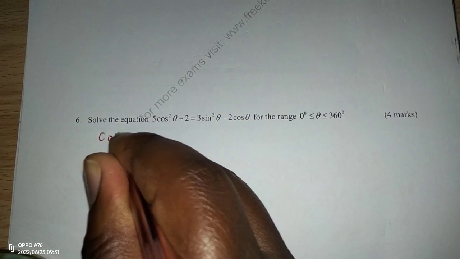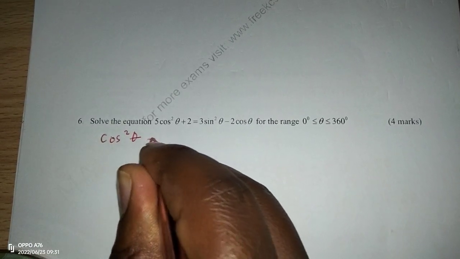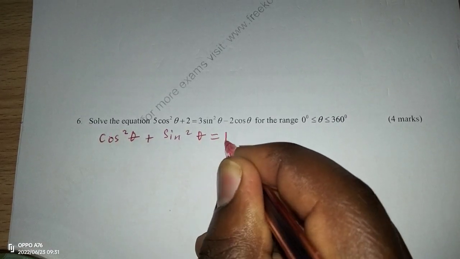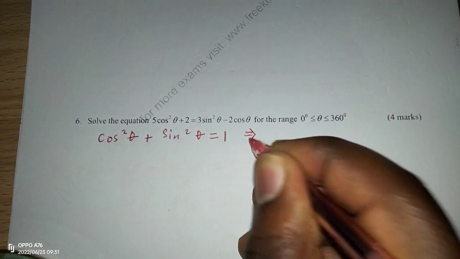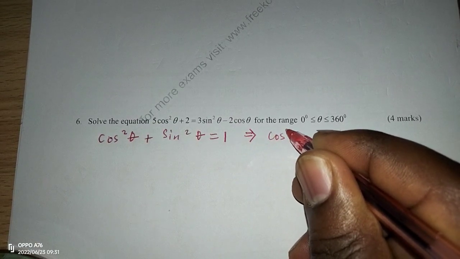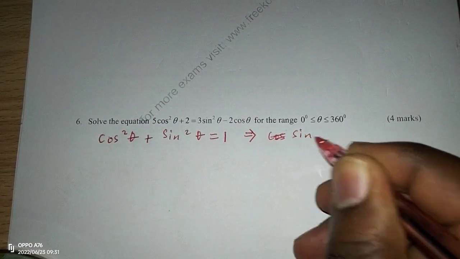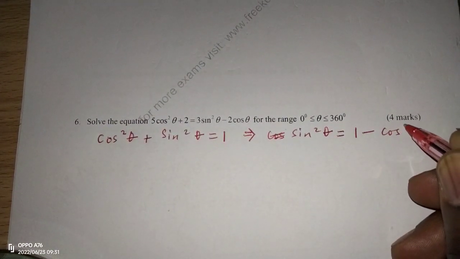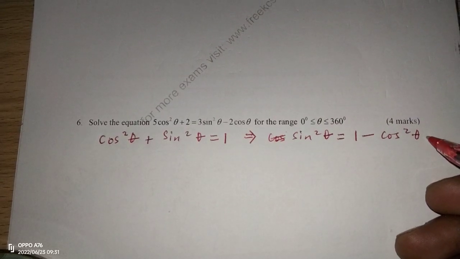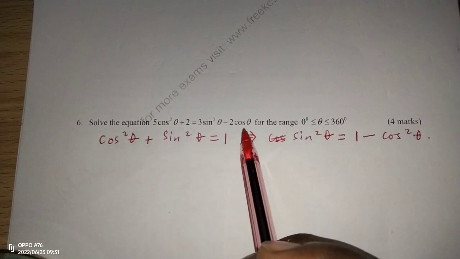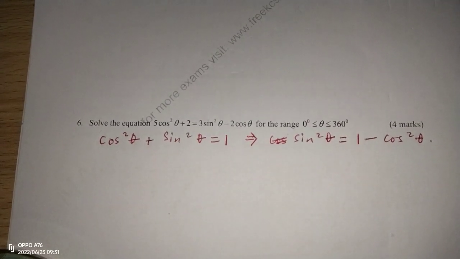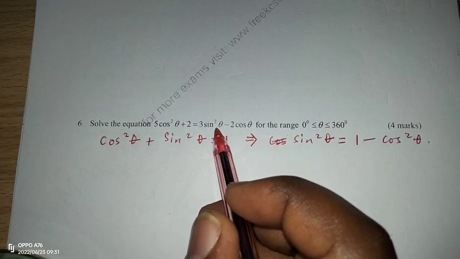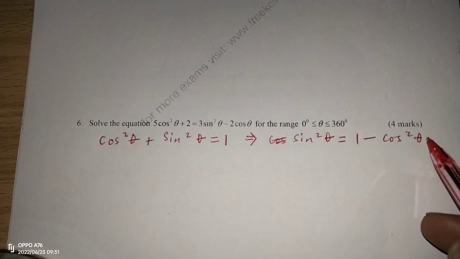The one which says that the cosine squared of an angle plus the sine squared of an angle equals 1 should lead us to concluding that the sine squared of an angle equals 1 minus the cosine squared of an angle, when we take cosine to the other side, so that we remain with sine squared on one side. So now, instead of sine squared theta, we can substitute it with 1 minus the cosine squared of theta.